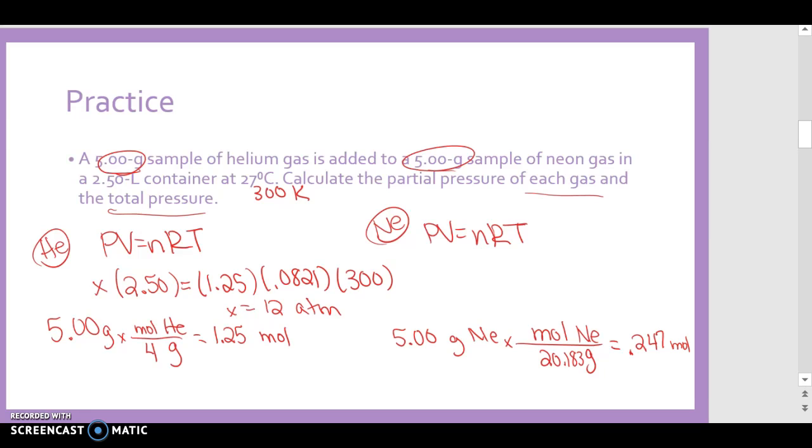So now we're going to set up our PV equals nRT. So we don't know pressure, volume is 2.5, n is 0.247, R is 0.0821, and then our T is 300.